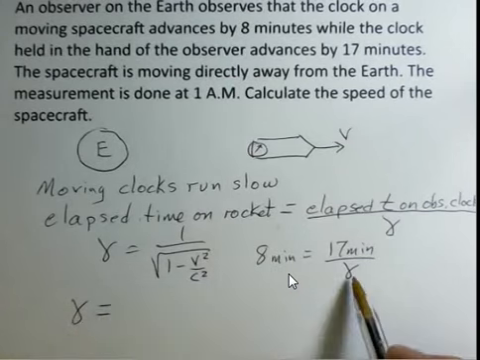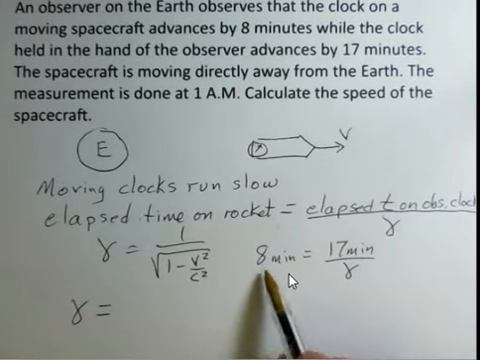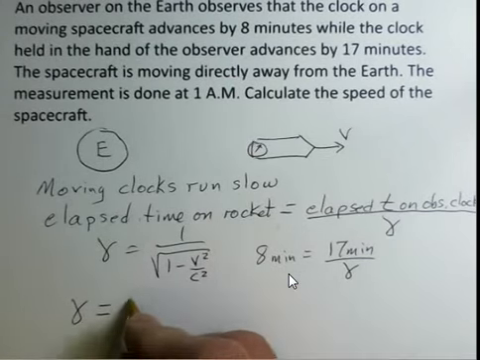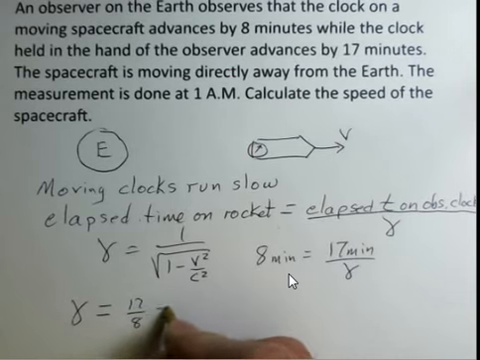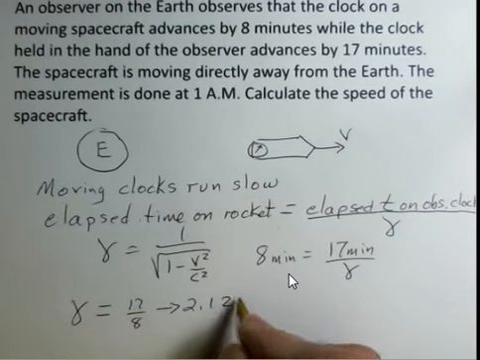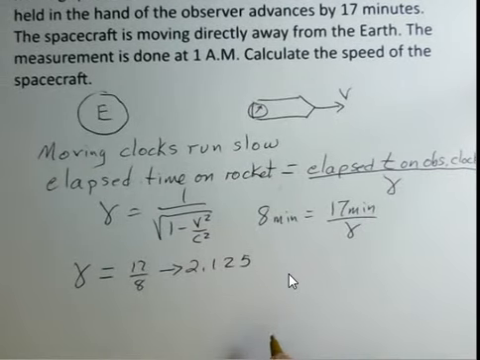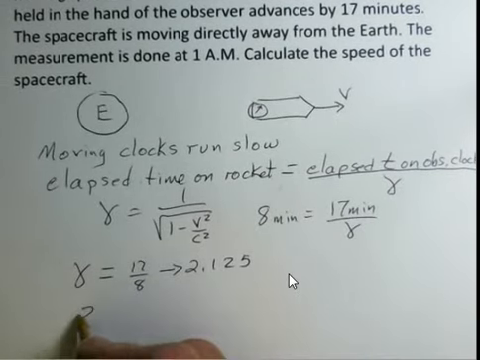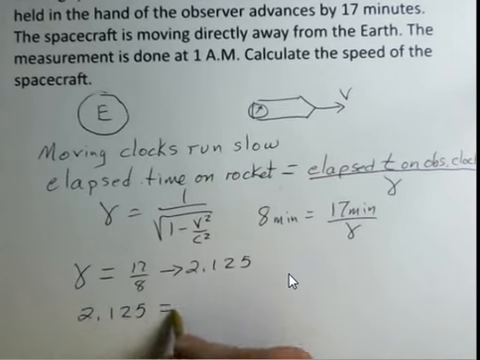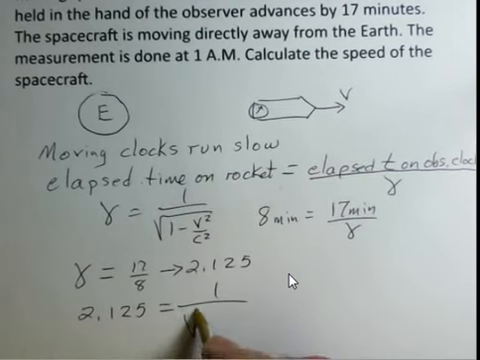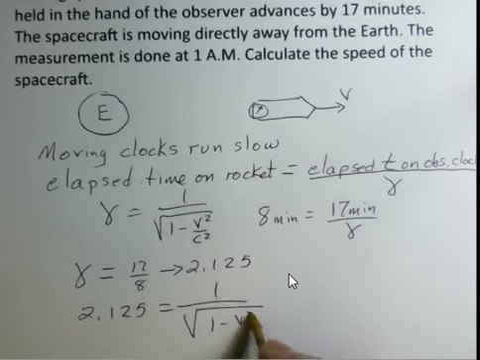So to solve for gamma, I have to multiply both sides by gamma. I have to divide both sides by 8. So 17 over 8. And I get 2.125 for the gamma number. And then the 2.125 is equal to 1 over the square root of 1 minus v squared over c squared.